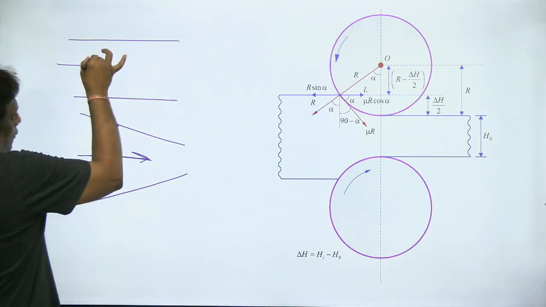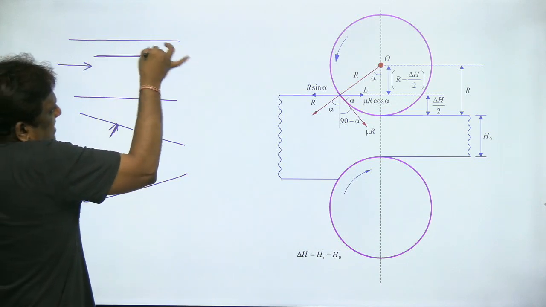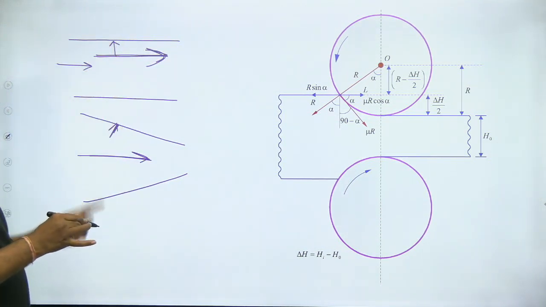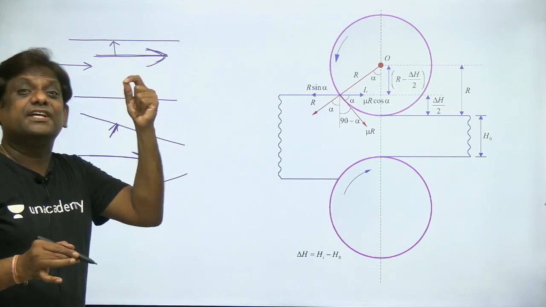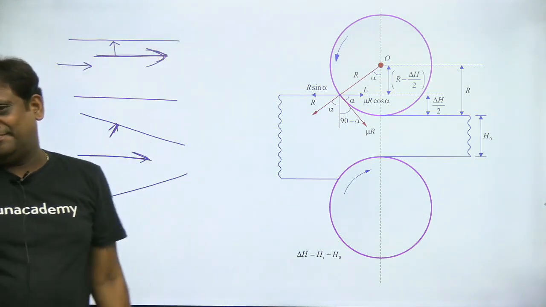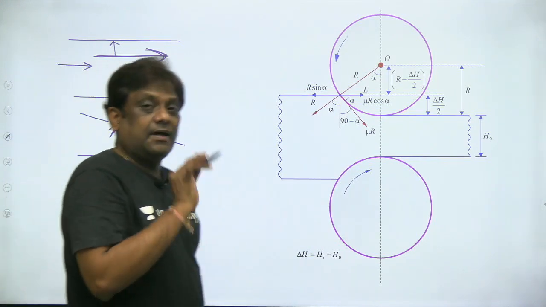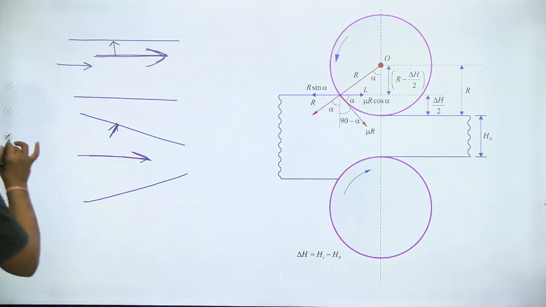I'm telling you again, when it is moving faster, it has limited time to exert force in the normal direction. Pressure is always normal to the surface, external normal. So understand carefully what is happening here.